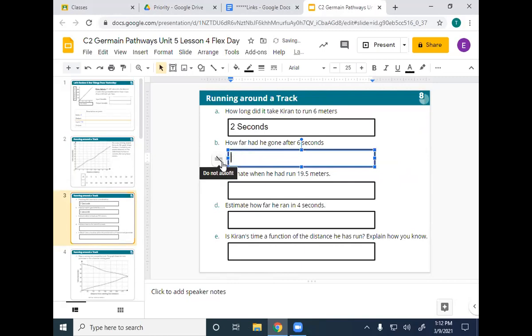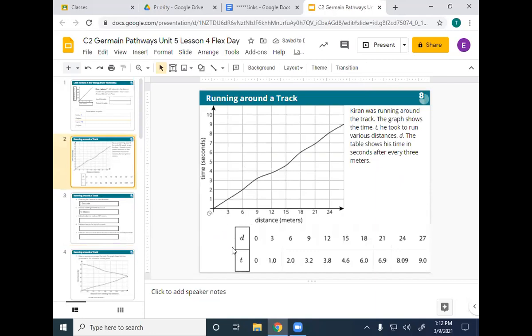Oh, 18 what? Meters. Meters, okay, good. So in this table here, he went over to 6 seconds on the T, and he said, what was that D distance? 18. Grab that label of meters.